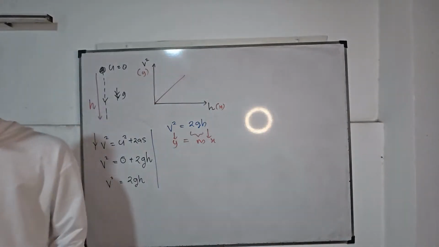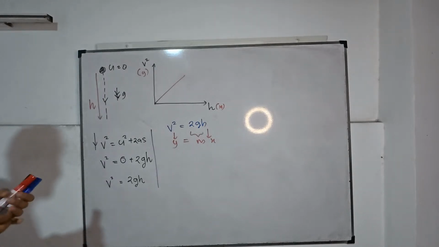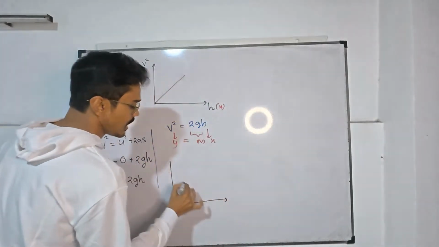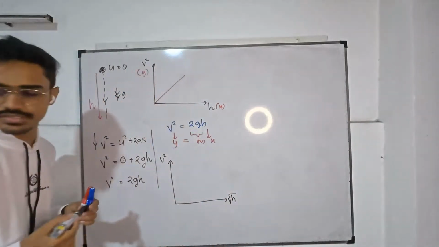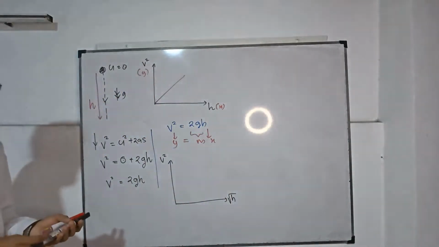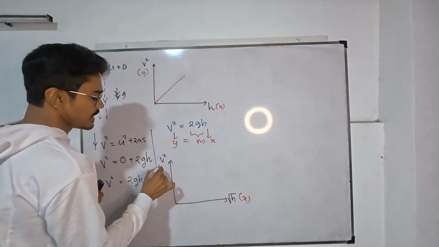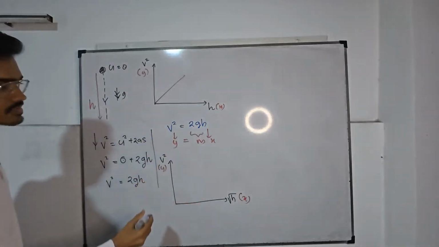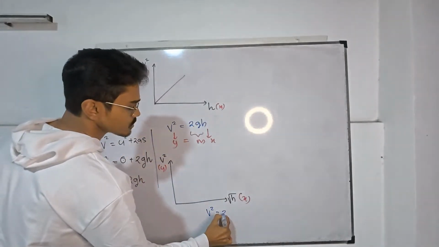Second one. V squared with root h. See how easy this is once you got this. Root h is x now and v squared is y. Now again the same equation, v squared equals 2gh.